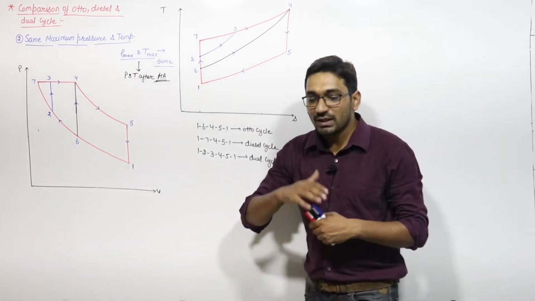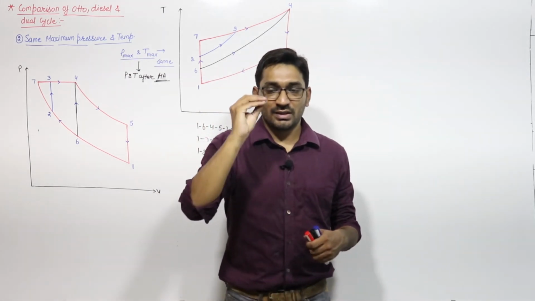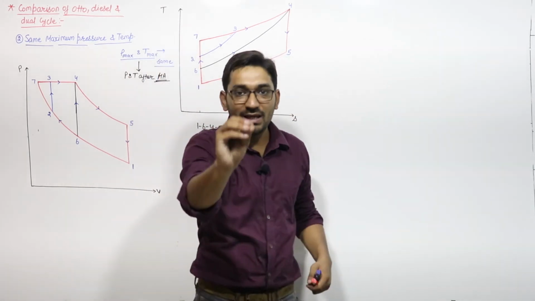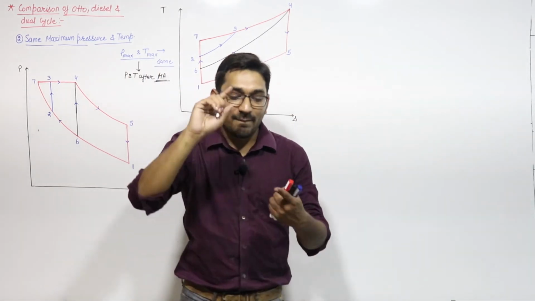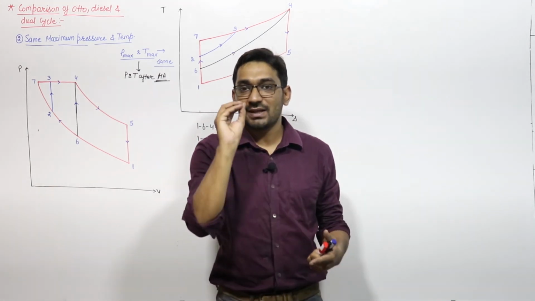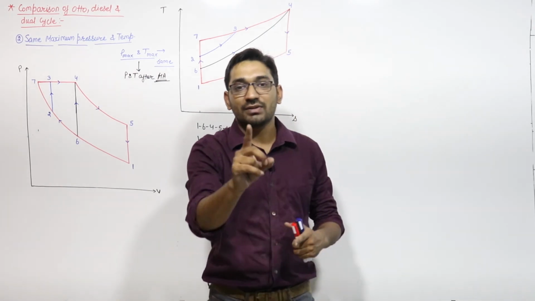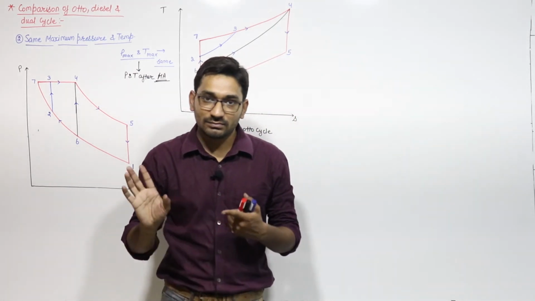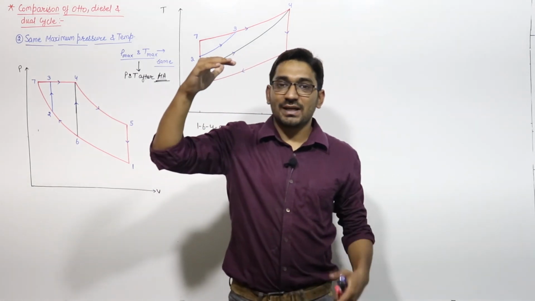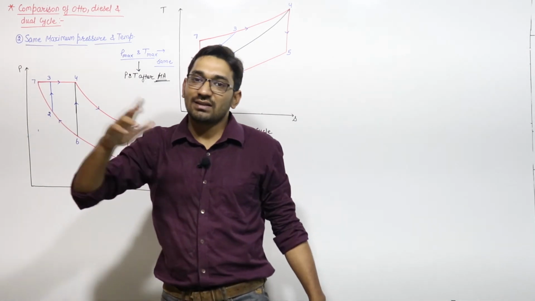So if you draw the graph, the maximum pressure that can be reached in all three cycles will be equal to the pressure at the end of the compression process of the diesel cycle, because after that there is no further increase in pressure.